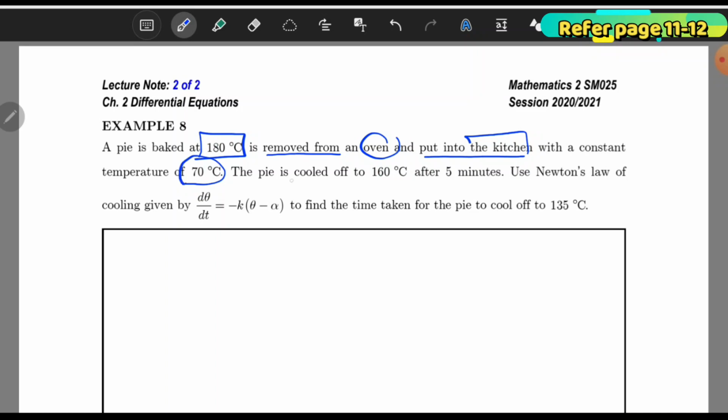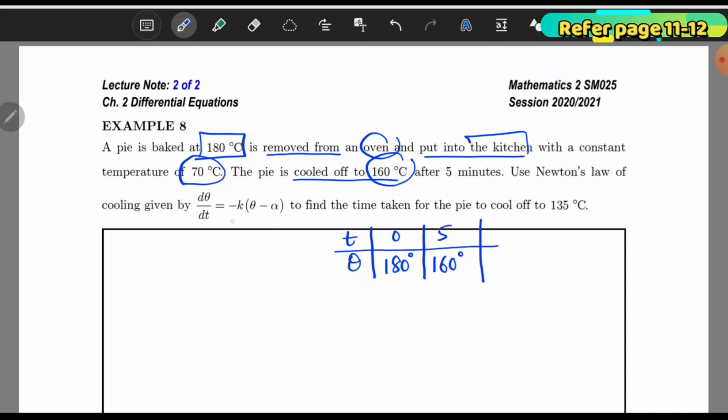So the pie is cooled off to 160 degrees after 5 minutes. So when t is 0, this is the initial, the starting, we are using theta here. So theta is 180 degrees. Next, the pie is cooled off. After 5 minutes, the temperature becomes 160 degrees.